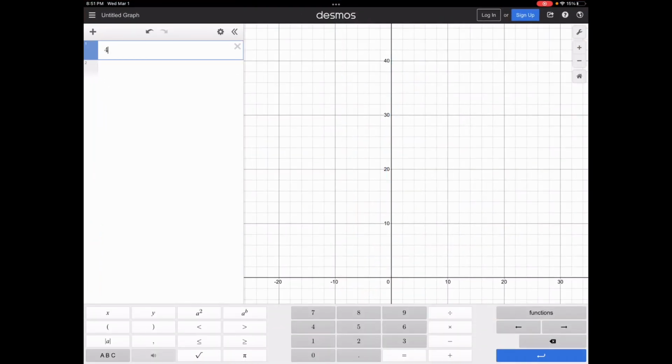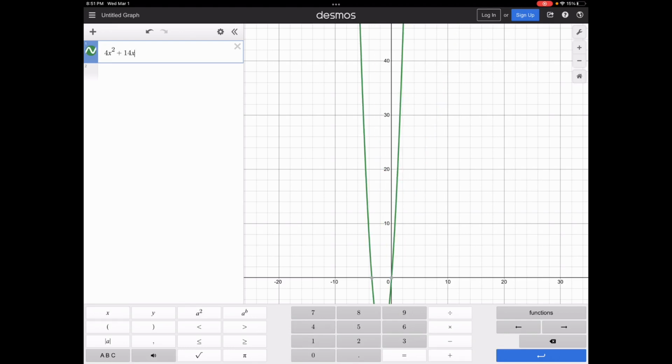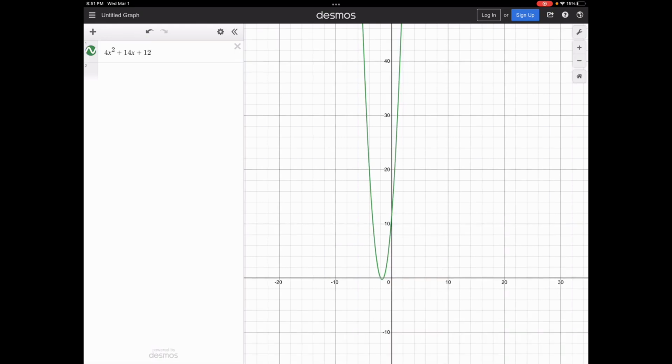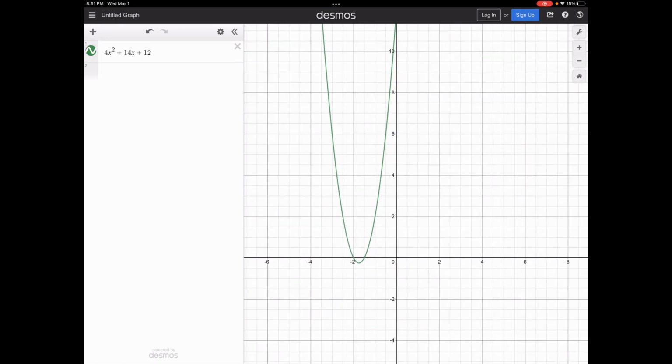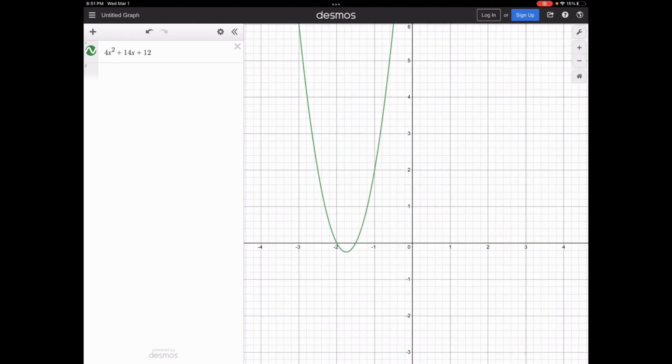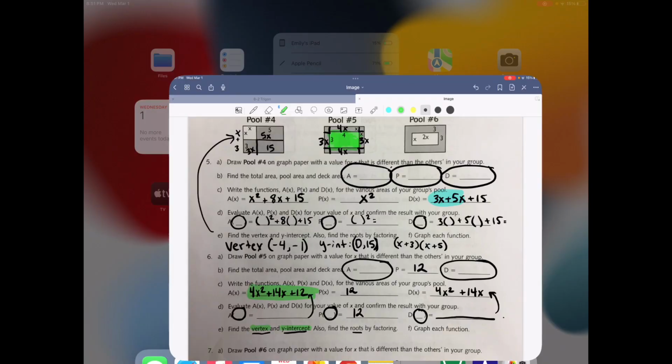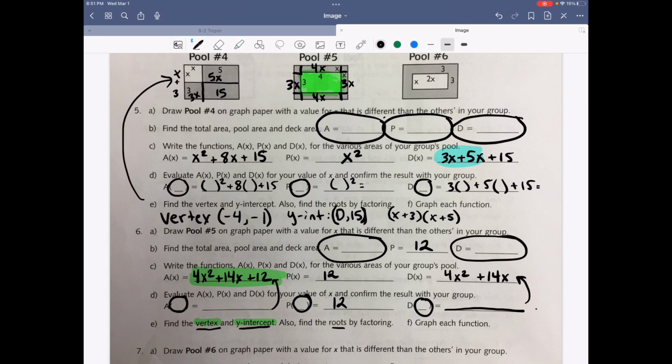We have 4x squared plus 14x plus 12. And I'm going to zoom in to see our vertex. Our vertex is here at negative 1.75, comma negative 0.25. So our vertex is (-1.75, -0.25).